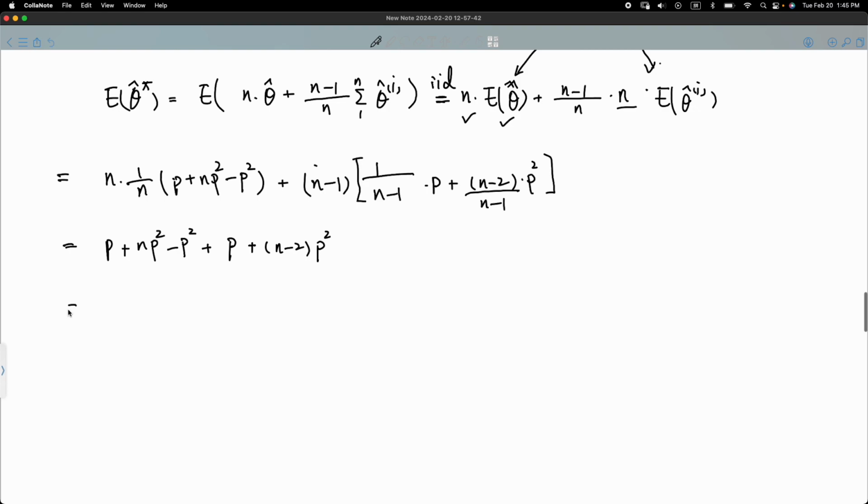Okay, so we have 2 multiplied by p. So let me just make sure I'm not missing anything: plus np squared, cancel out, minus p squared, removing that, plus np squared, minus 2p squared. Okay, let's group things together. Hey?